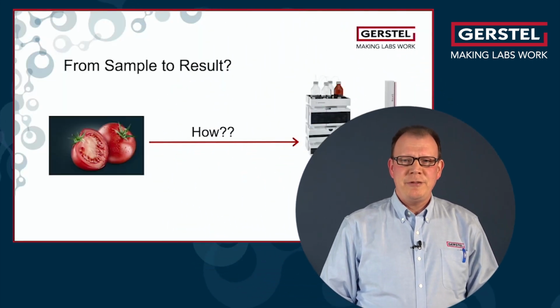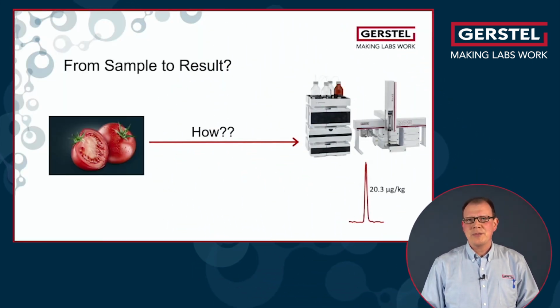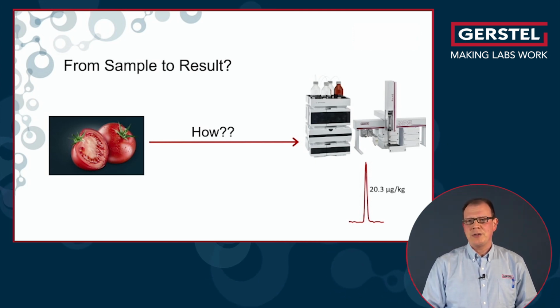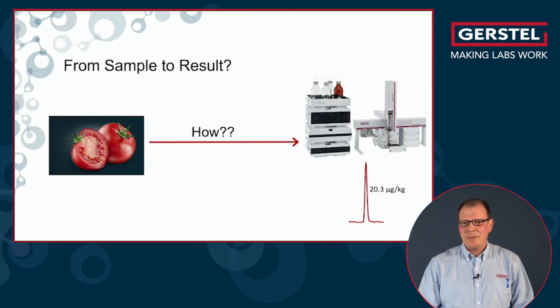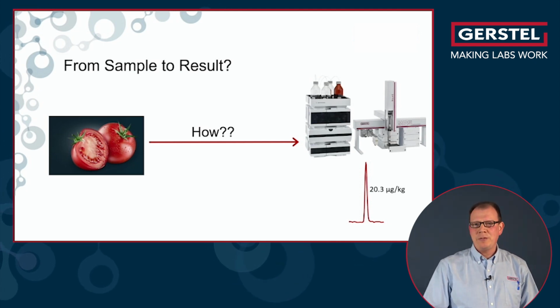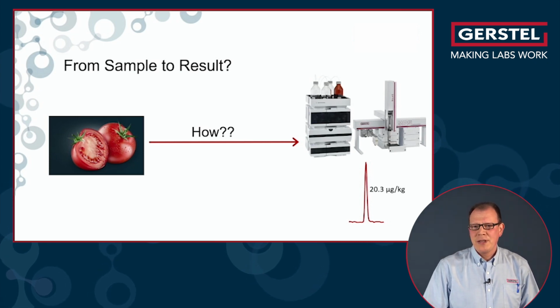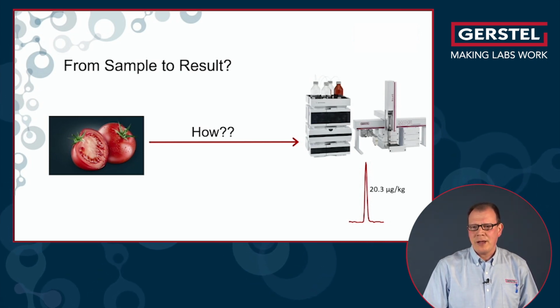Which possibilities do we have there? Let me start with some considerations. If we want, for example, to analyze pesticides in tomatoes, how can we get the tomatoes to the instrument? Normally, the instrument does not have something like a door for these tomatoes, but we need to transfer the pesticides from the tomato matrix into a form which can be analyzed by the instrument.